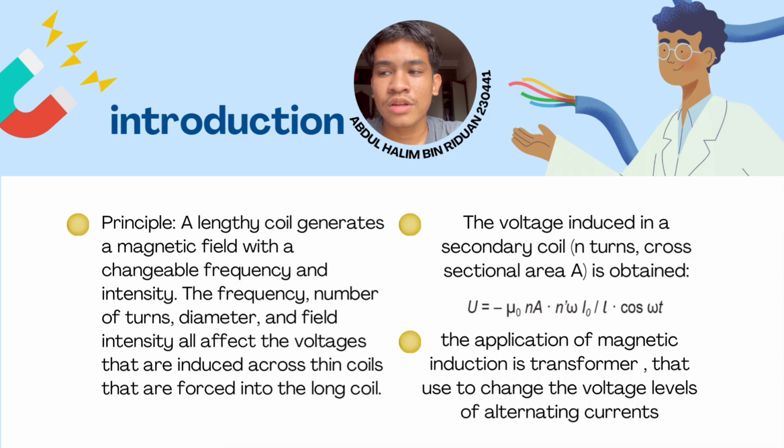The voltage induced in a secondary coil and turns cross-sectional area is obtained. The formula is formed from this. The application of magnetic induction is the transformer that's used to change the voltage level of alternating current.